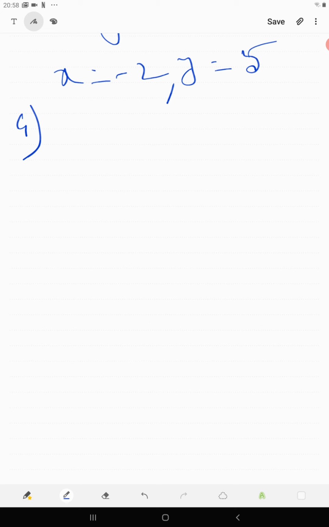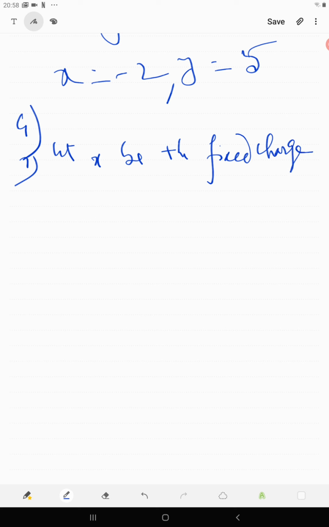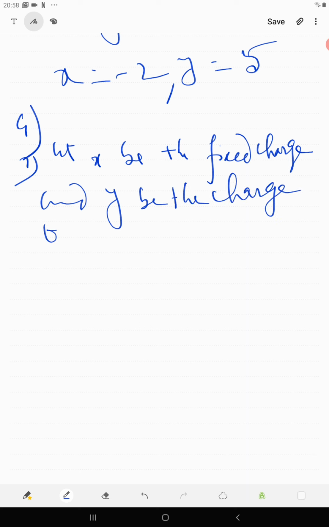So hostel charge is fixed, but food charge is per day basis. Let X be the fixed charge, and Y be the charge of food per day.